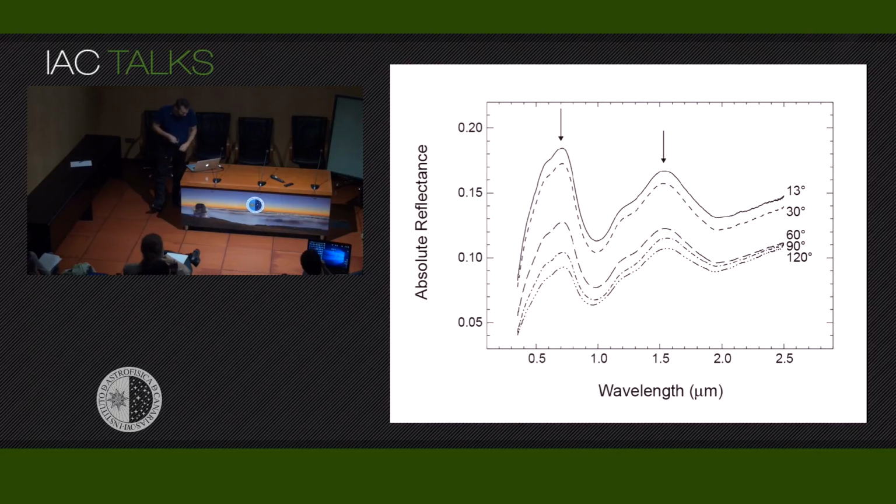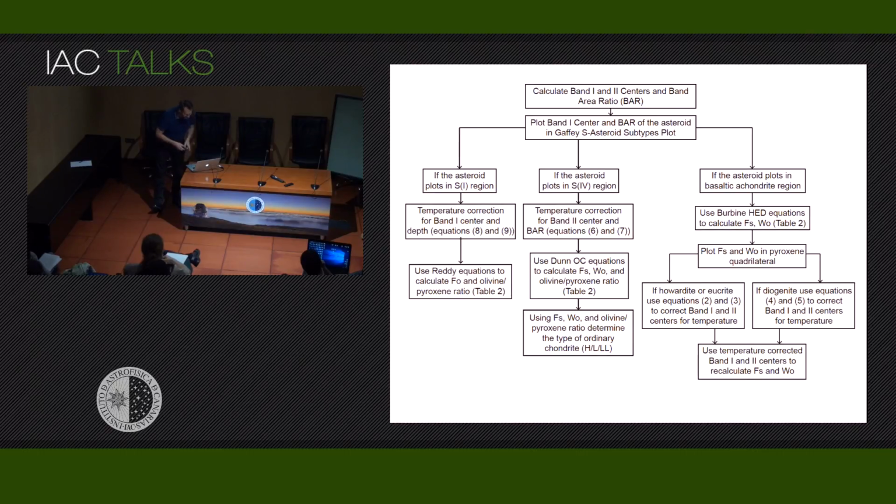Okay. So then, I show you the next challenging thing, which is how you would actually classify a spectrum. I think this is like a flow chart, what to do when you obtain a spectrum.